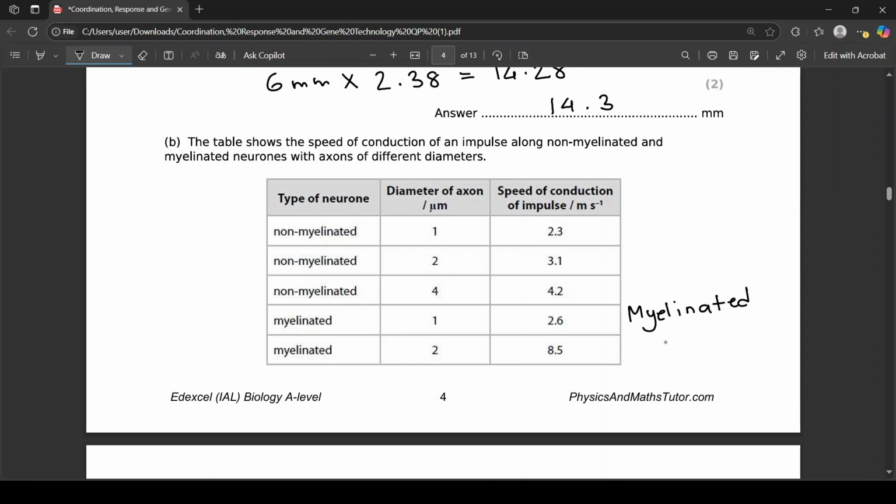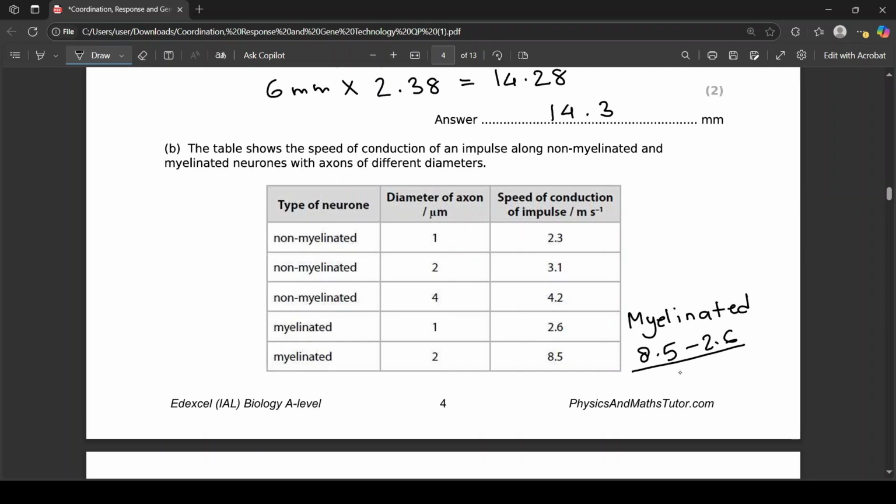For myelinated, we are given the mean increase. So to calculate mean increase, we have to do the math like this, okay? Minus 2.6. We divide this by 2, then we get 2.95.